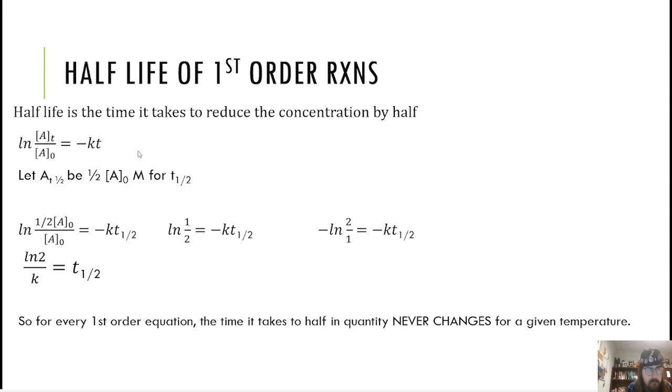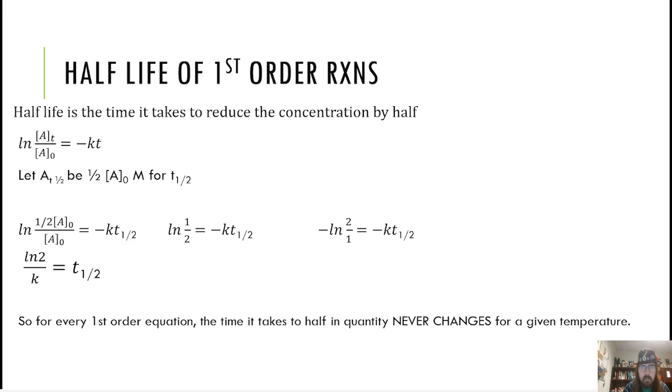So we get a fraction, 15 over 30, which is essentially 1/2. ln of 1/2 is equal to negative k t for that given half. So this can simplify into a nice little equation. It's a little math magic, but ln of 1/2: I can flip this by flipping the sign, taking the negative to the other side, and flipping it to be ln 2 over 1.